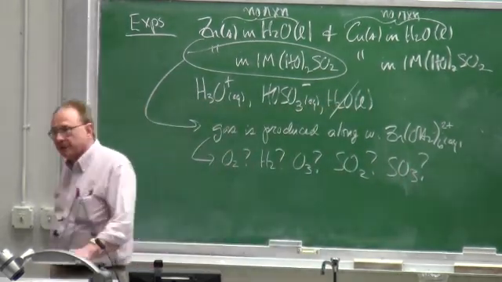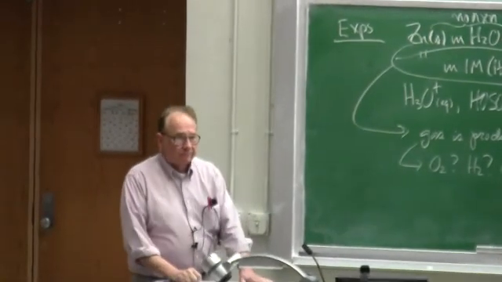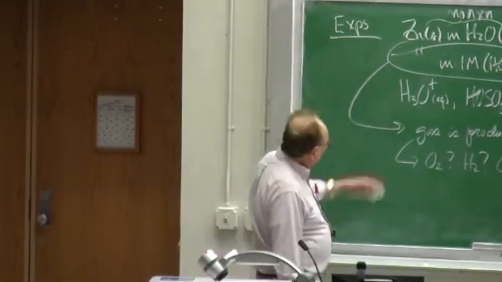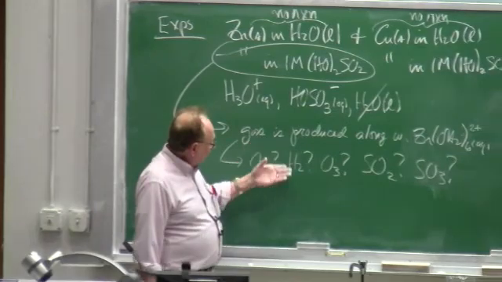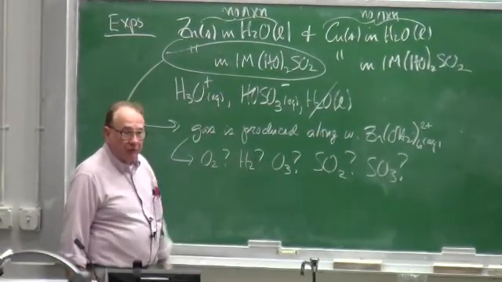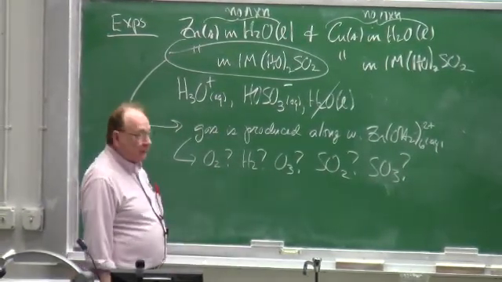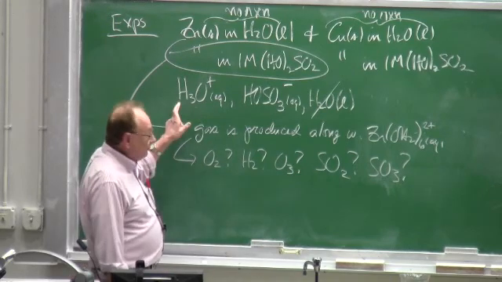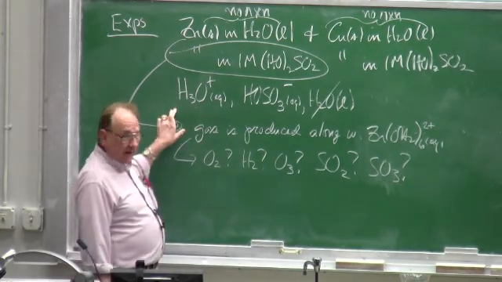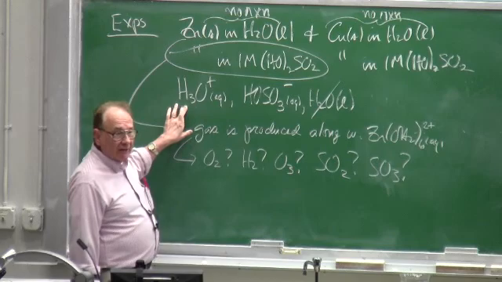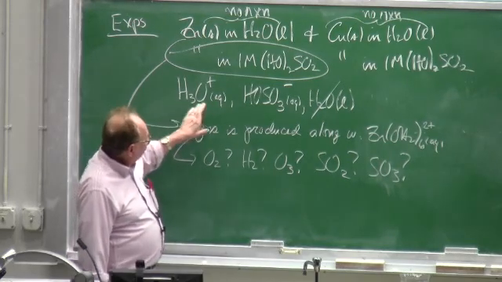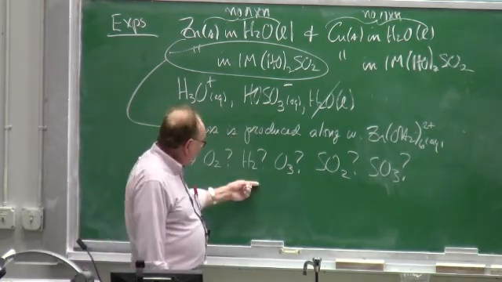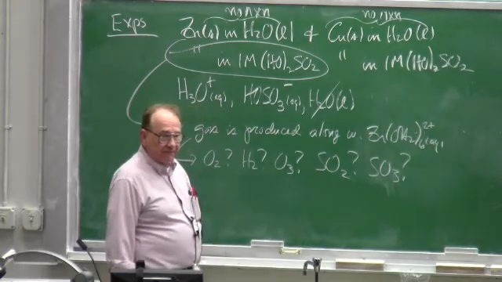How about these as possibilities? From water I can get oxygen, from water I can get hydrogen, from water I can get ozone. These are all gases produced from water. I mean from hydronium ion, pardon me, to say water. I meant hydronium ion because of the component elements of hydronium ion. From this, along with these gases, I could make these gases.